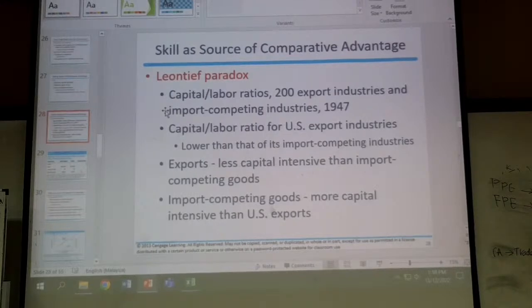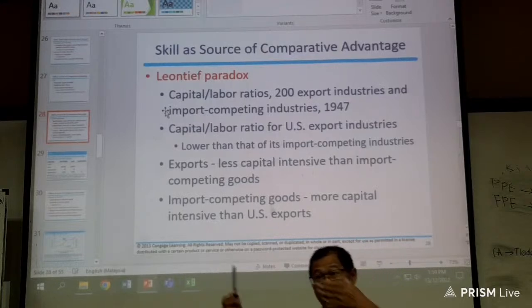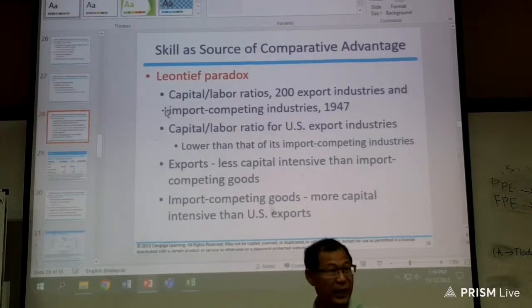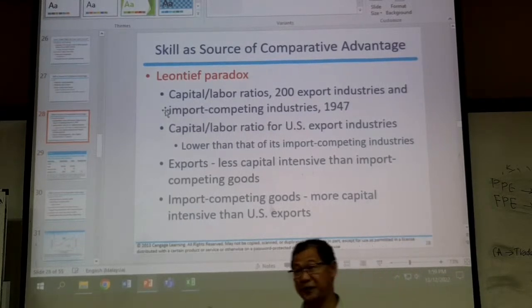You think this way, that product price leads to factor price. No, wrong. It is factor price equalization that leads to product price equalization. This one is true. Let me repeat: factor price equalization leads to the prices of goods and products being equalized, not equalization of product price leading to factor price.